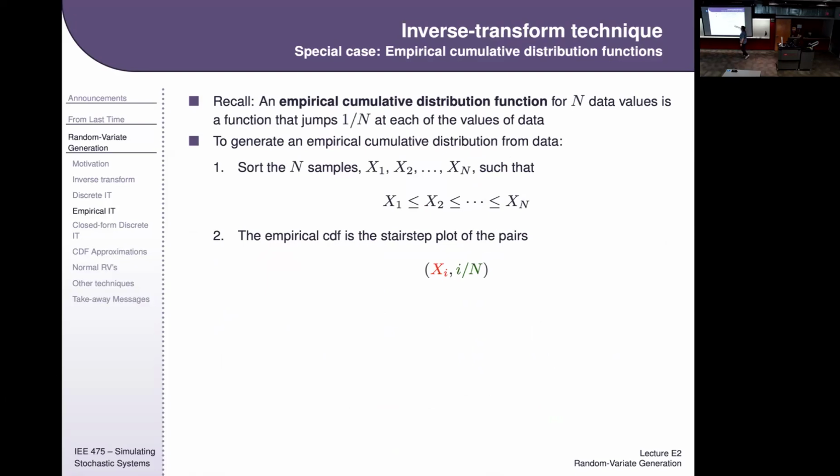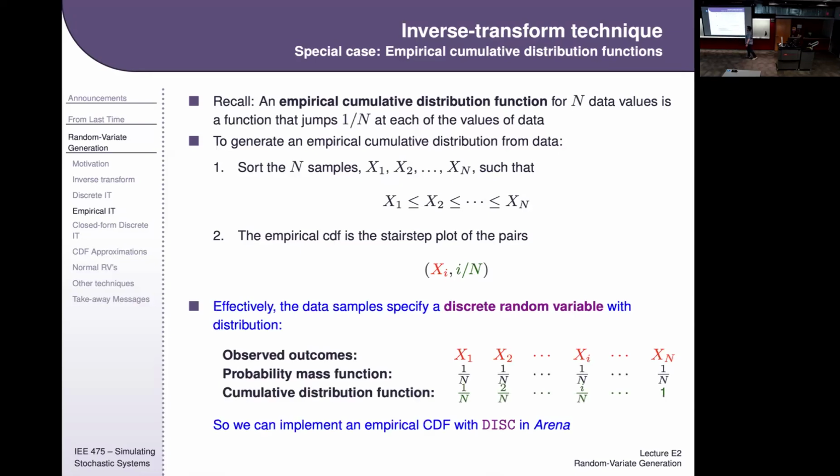I've mentioned this already, that if you plot a data point against its normalized rank in a sorted list, that is the so-called sample or empirical CDF. And so if you were to think about it, you could create a probability density function where every outcome of your sample data occurs with probability 1 over n.